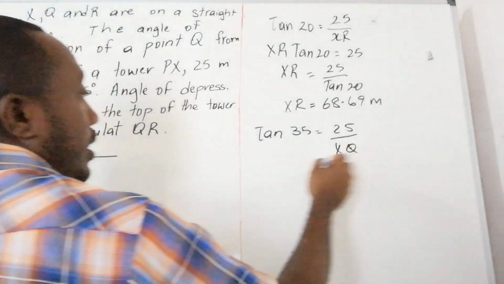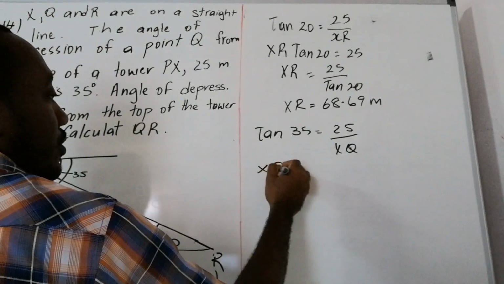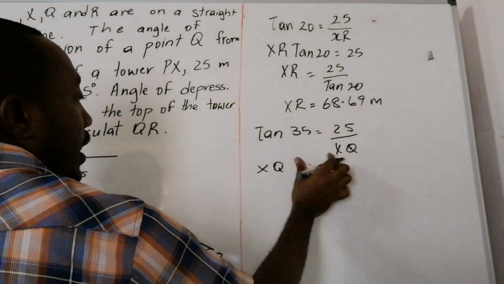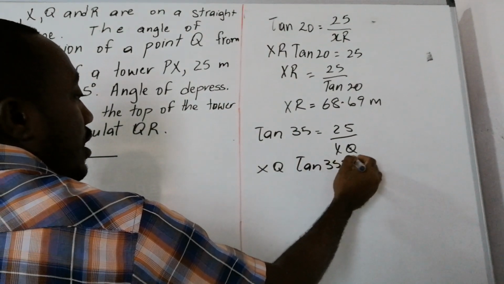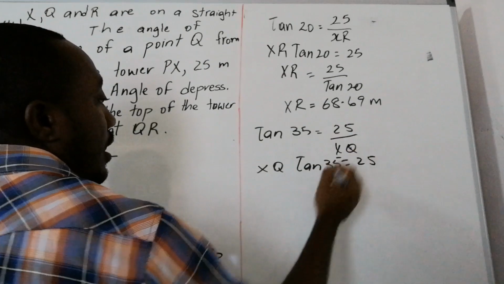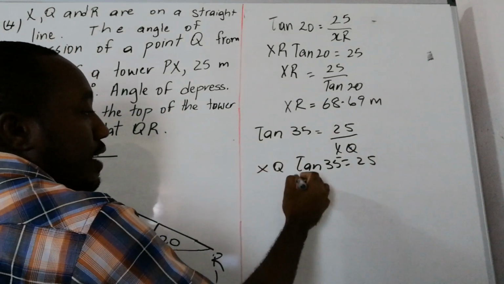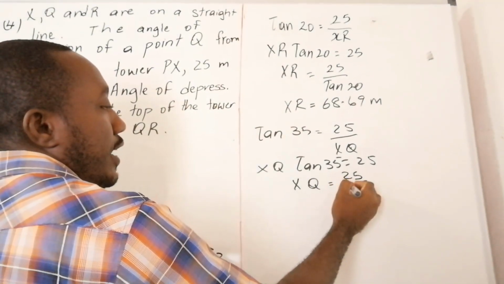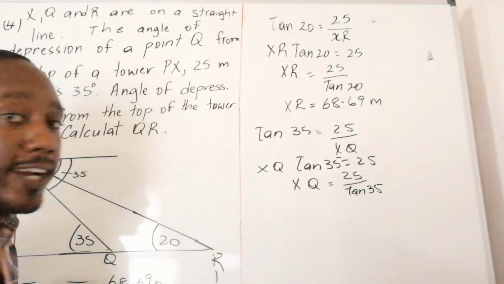XQ. We transpose, so XQ times tan 35 is equal to 25. And then we take over the tan 35, so XQ is equal to 25 divided by tan 35. All right?